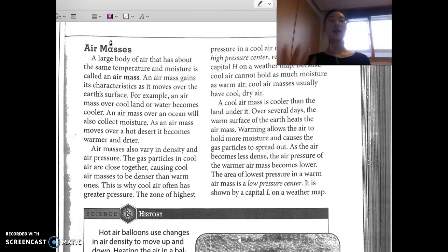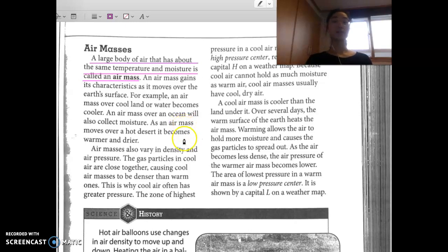Air masses. A large body of air that has about the same temperature and moisture is called an air mass. An air mass gains its characteristics as it moves over the Earth's surface. For example, an air mass over cool land or water becomes cooler, and an air mass over an ocean will also collect moisture.